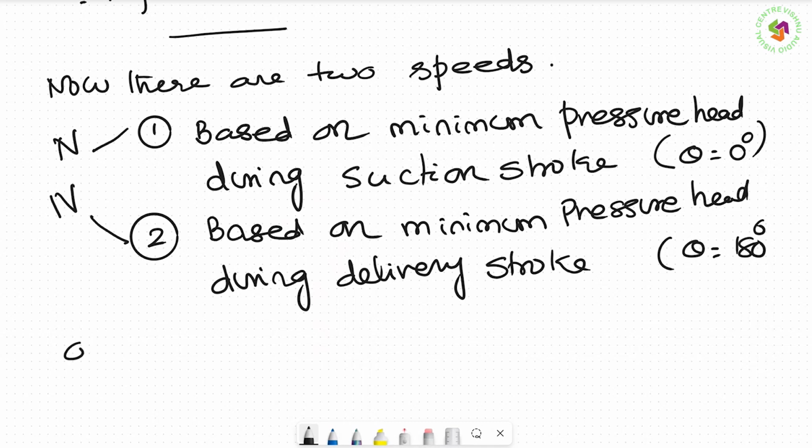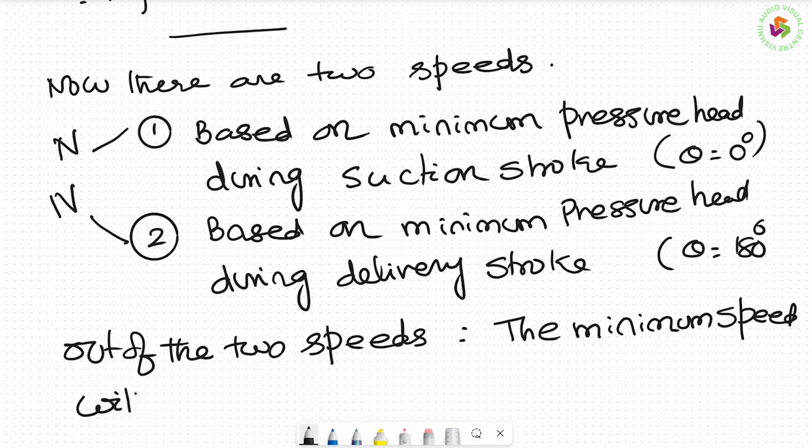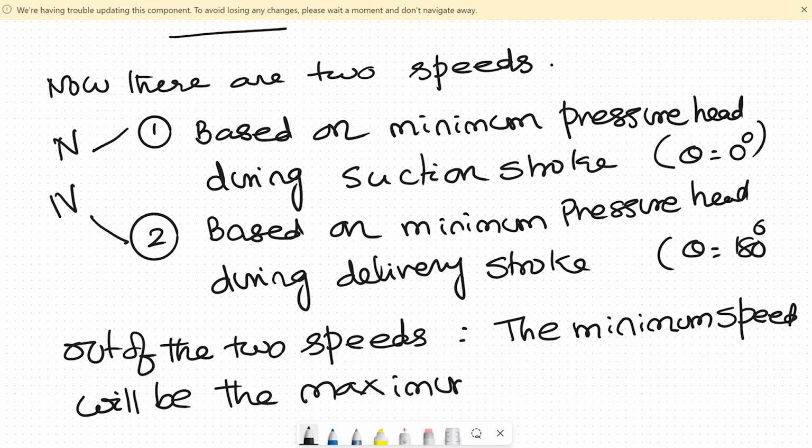Now out of the two, the minimum speed will be the maximum speed of reciprocating.